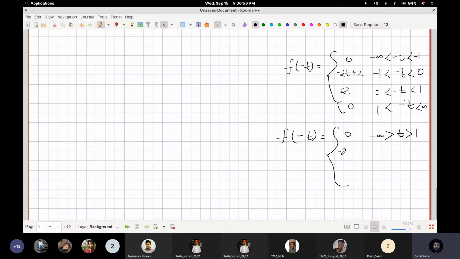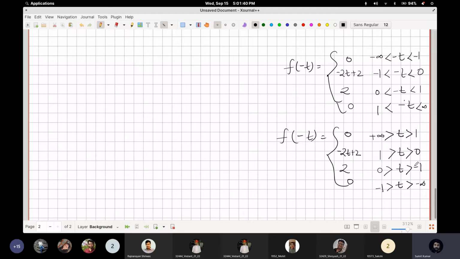Okay, again you will have -2t plus 2 only, and if you change this, what you will have, t will be between, you see, less than 0, and on this side greater than 0, and here this becomes 1, right? And then after this is 2 only, but again what is going to happen here is that t, and this will become -1, and this is going to become 0, and this 0 again you will have t, and you will write it as minus infinity, and here you will write it as -1.